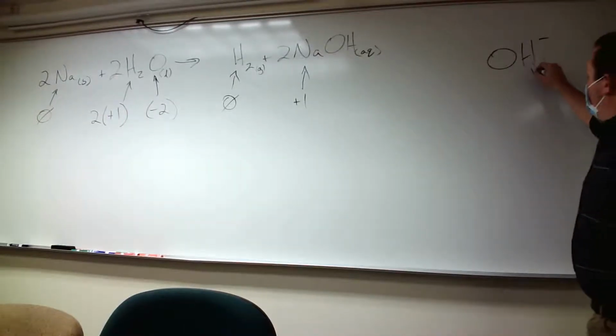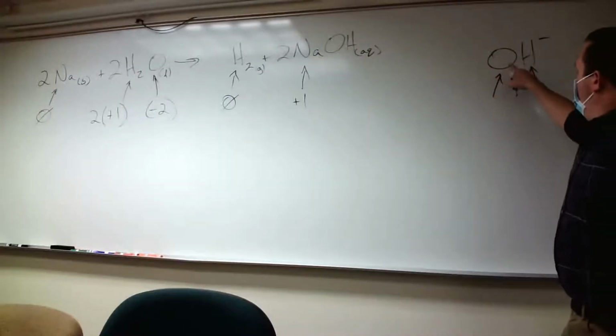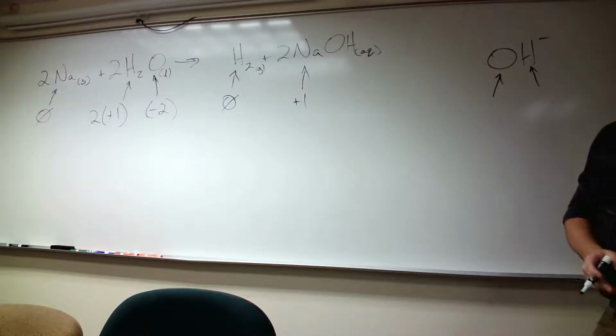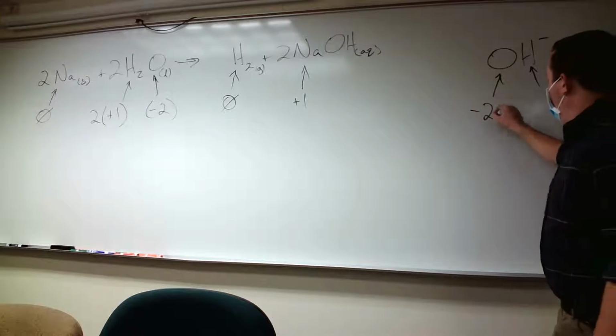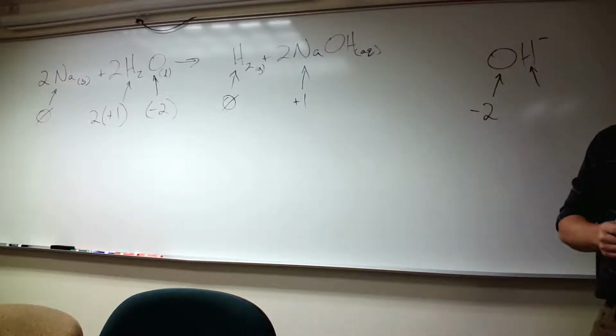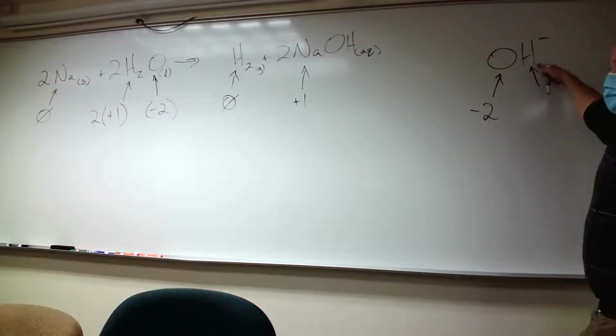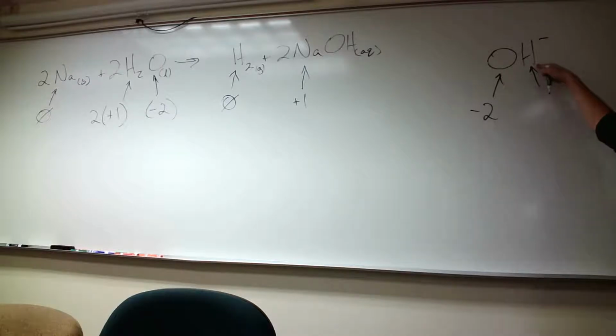So what's the oxidation state on the oxygen in hydroxide? Still -2, right? It's still the most electronegative element in there. And now we only have 1 hydrogen, and we need the charges to add up to -1. So it's still +1. We just only have 1 of them now.